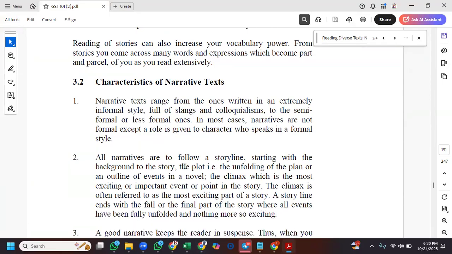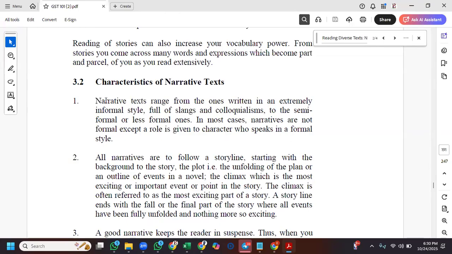Now, what are the things you will see in the text that you will just conclude that it is a narrative text? One, narrative texts range from the ones written in an extremely informal style, full of slang and colloquialisms, to the semi-formal ones. In most cases, narratives are not formal, except a role is given to a character who speaks in a formal style.